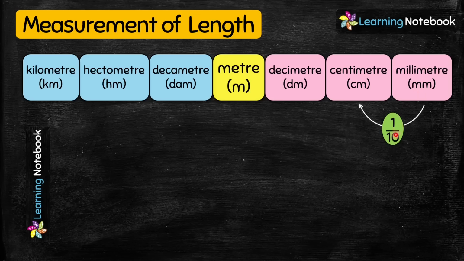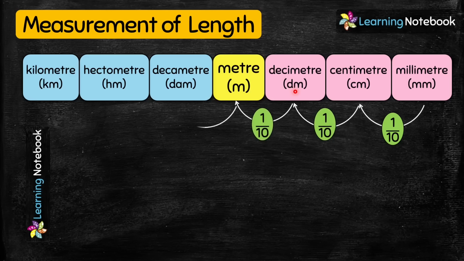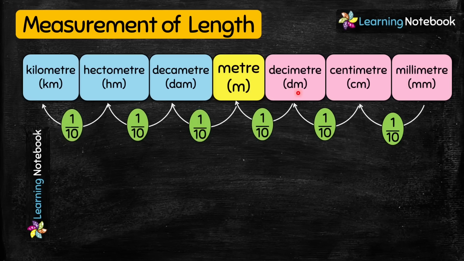And now if I want to convert centimeter into decimeter, then again I will multiply by 1 by 10. So in this way, we will keep on multiplying by 1 by 10 to convert lower units into higher units.